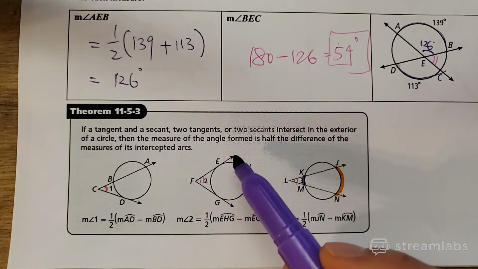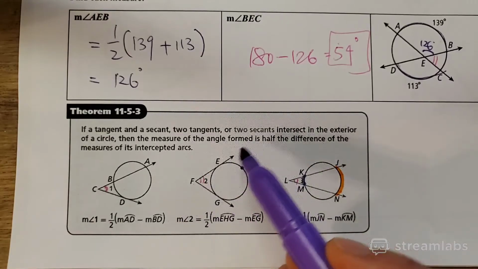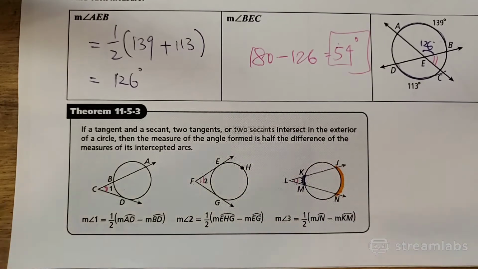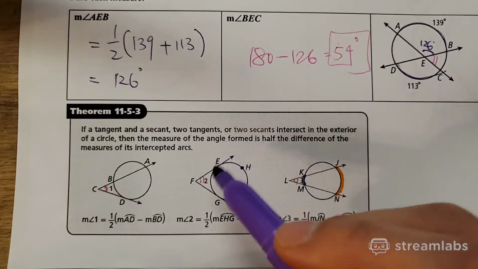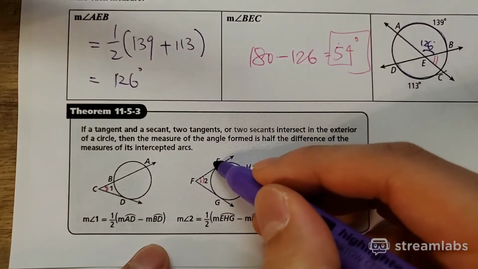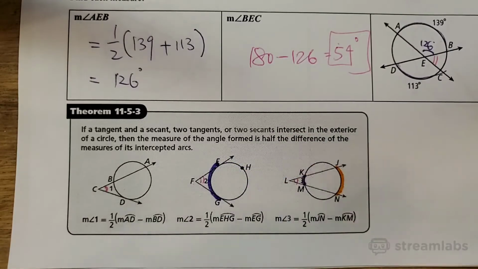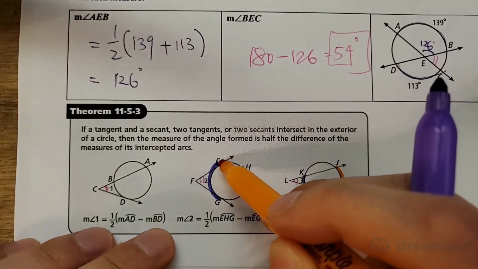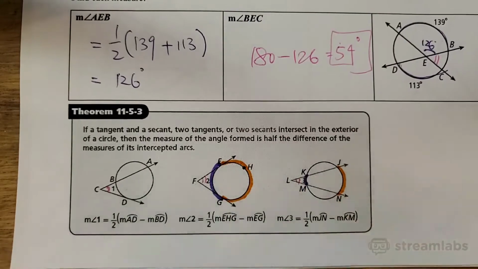Similarly, when you have two tangent lines, then you have to see where the point of touching is. Right here. So the arc would be from E to G, and the major arc from the other side. Like that.